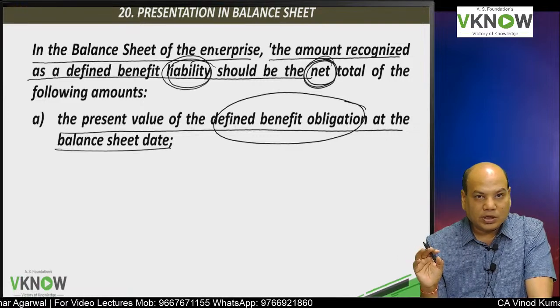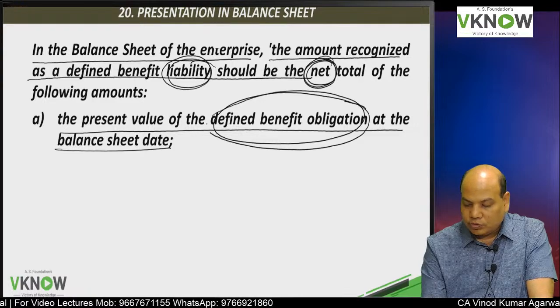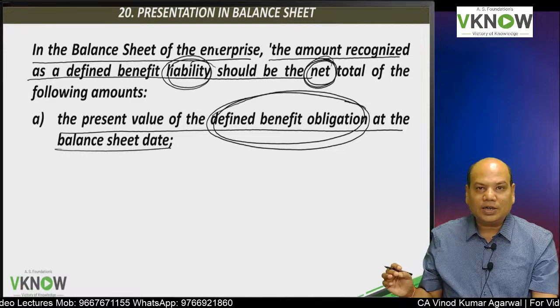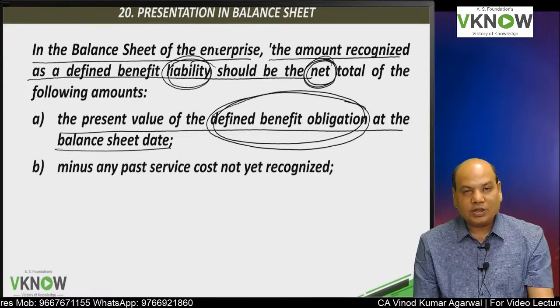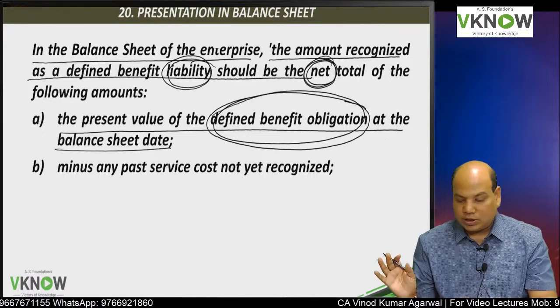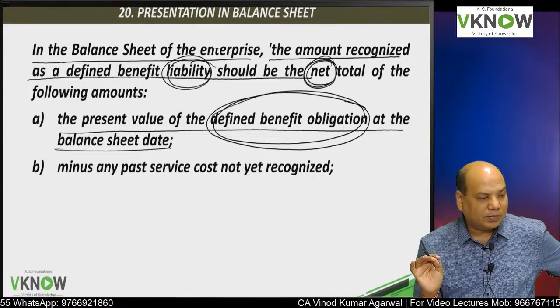The actuary will give you the number, but you are a student, so the institute will give you the number, and you have to see what your liability is at the end of the year. That is technically called present value of defined benefit obligation, or the liability under the defined benefit plan.